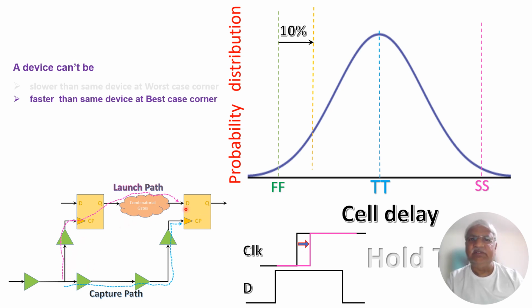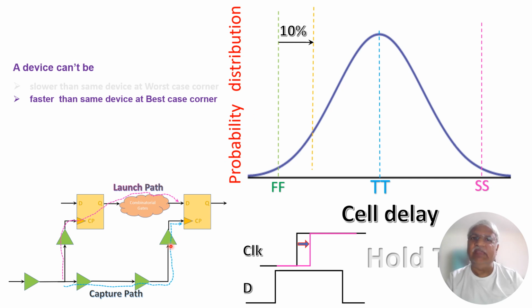This is the hold time condition. During this time, these items are coming slower compared to this one, so we are slowing the clock path by this much amount.